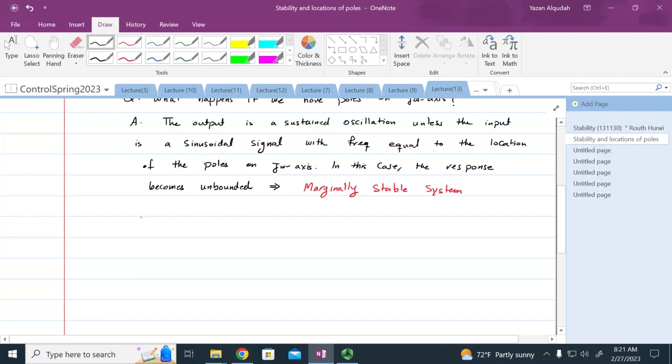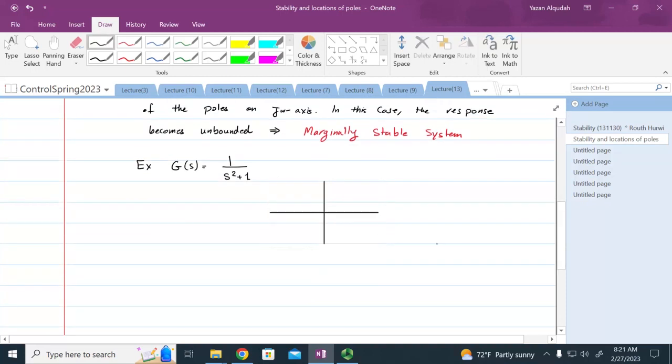Let's say we have a system that has a transfer function G of s that is 1 over s squared plus 1. Where are the poles of this system? Anybody want to guess?